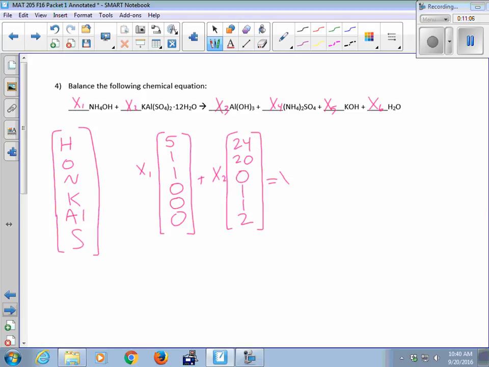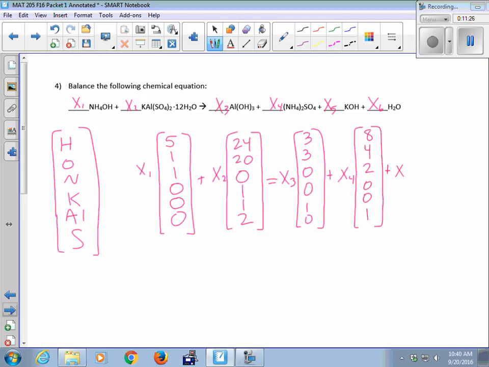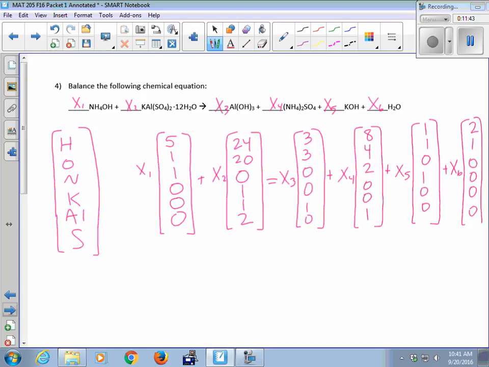I'll just finish writing it out for us. x3 gets multiplied by 3, 3, 0, 0, 1, 0, plus x4 times 8, 4, 2, 0, 0, 1, plus x5 times 1, 1, 0, 1, 0, 0, plus x6 times the last molecule, 2, 1, 0, 0, 0, 0. All right, so I have a vector equation.